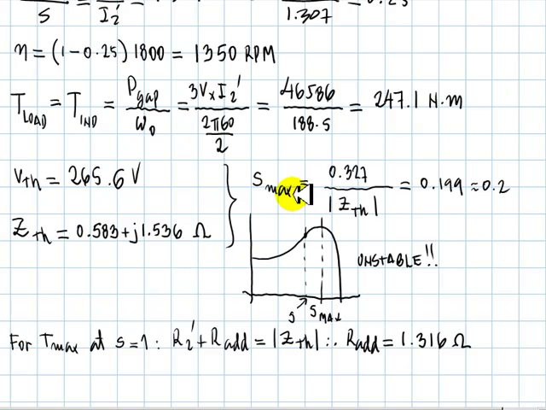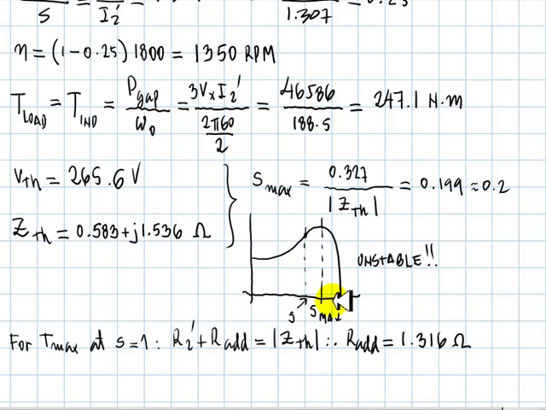And then we know that we have maximum torque at a slip that is given by R2 prime divided by the absolute value of that Thevenin impedance, as we saw in class, that is s max. The slip for maximum torque is 0.2, 0.2 down here.